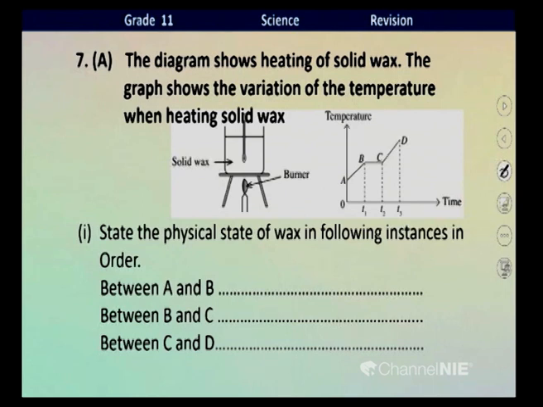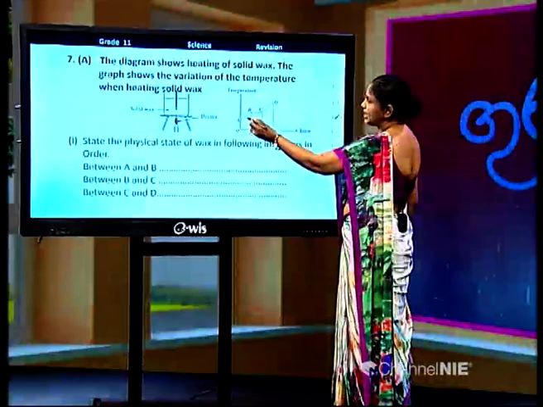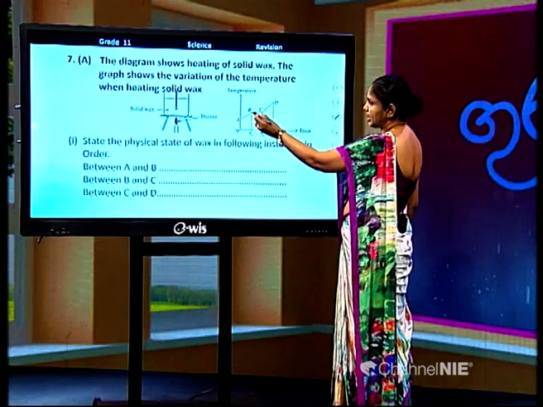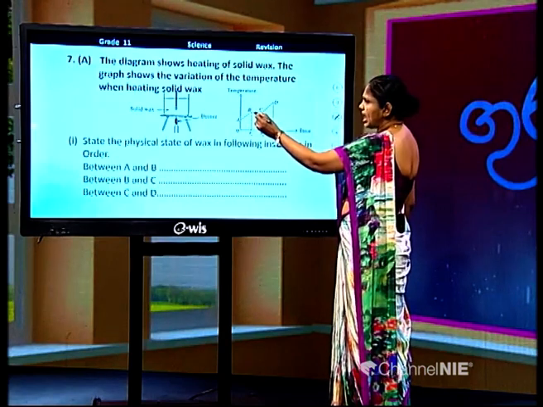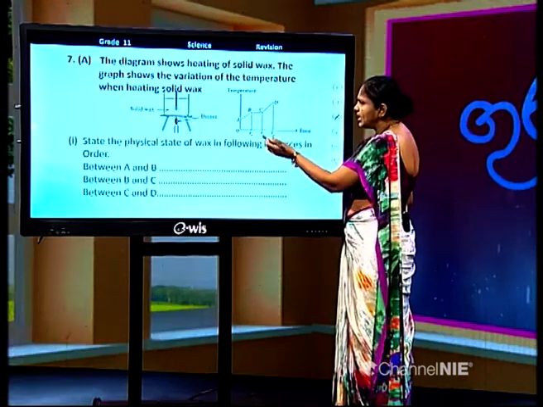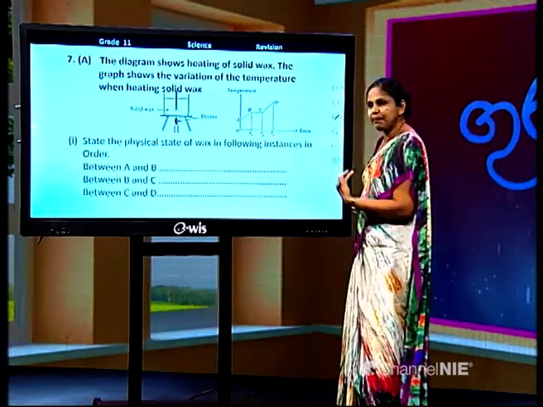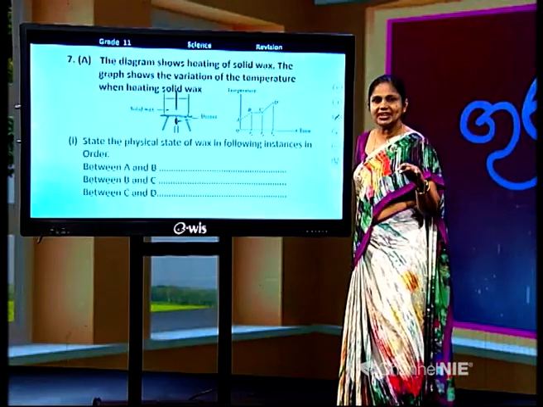The diagram shows heating of solid wax. The graph shows the variation of the temperature when heating solid wax, right? State the physical state of wax in the following instances. Carefully look at the graph, children. You know that this is solid wax, when it is heated, its temperature increases and increases, and at B, even though heat is supplied and time is passing, temperature doesn't rise.